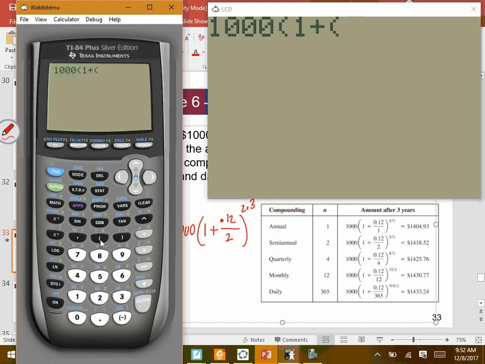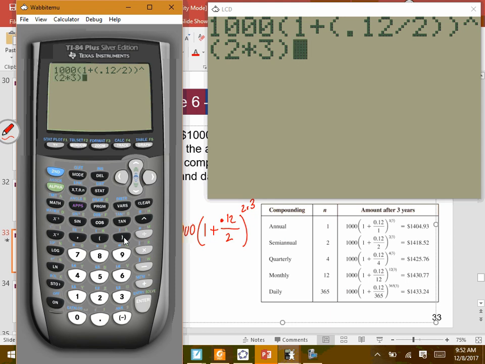I'm just weird about my parentheses and my order of operations, so I'm going to put my r divided by n inside its own parentheses. And then I'm going to raise that to the, now most people would probably type 6, but I'm going to type 2 times 3. I'm going to show you why here in a moment, because the calculator still knows it's 6, and if I put parentheses around it, the calculator knows to do that first.